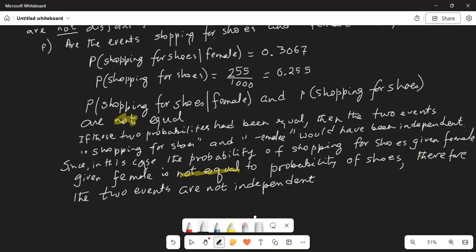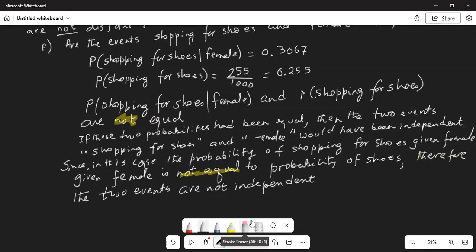Okay, I will stop here today, but before I stop, I want to give an important tip. So when you want to show two events, whether they're independent or not, like in this case, shopping for shoes and female, you find the conditional probability of one event given the other and determine whether it is equal to just the probability of the first event without any given condition.